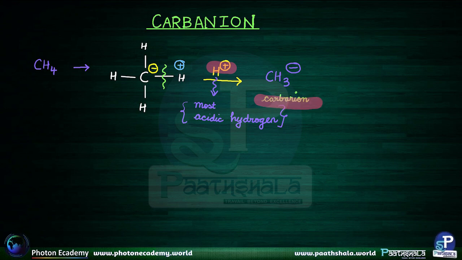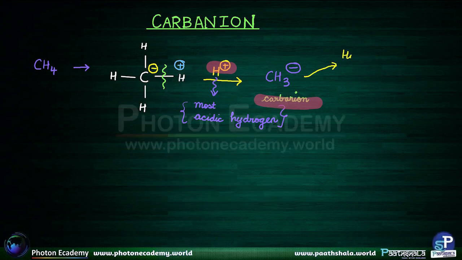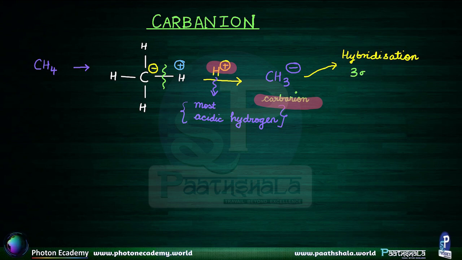Now, moving ahead to the hybridization of this CH3 negative that we have got here, I want to see the hybridization of this. So 3 bonds again, but with a negative sign too. So this is 3 sigma bonds and 1 negative charge, label it as a lone pair.